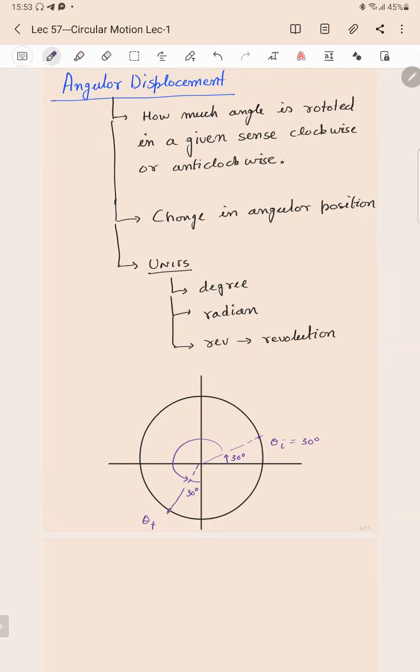Now, if somebody asks you what is the angular displacement, can you tell me? This angle basically is our angular displacement.